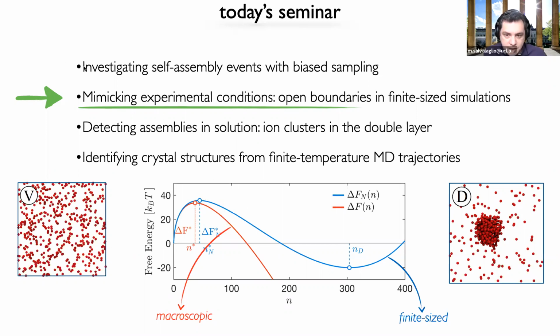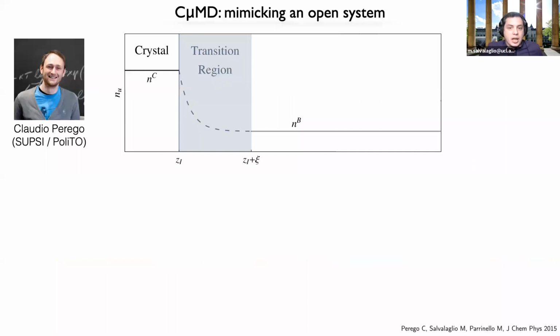And again, this second point is aimed to clarify how we can use CUMD in this context. The approach that we developed a few years ago, and I'm saying we very generously here, because the person that drove the project is Claudio Perego, who is now working between Switzerland and Italy, is called C-mu-MD.